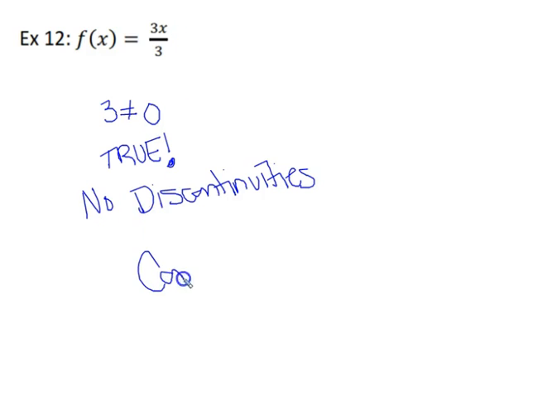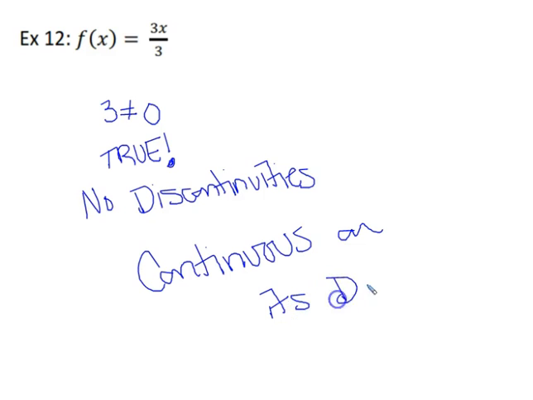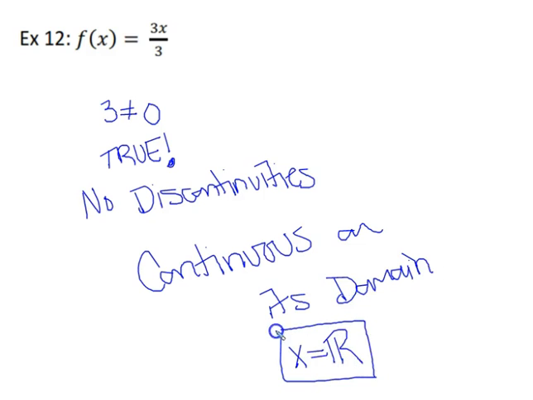So we would say, since every single number is going to work, it is continuous on its domain. And since every single number is going to work, its actual domain would be all real numbers. We can't really find an x value that's not going to work.